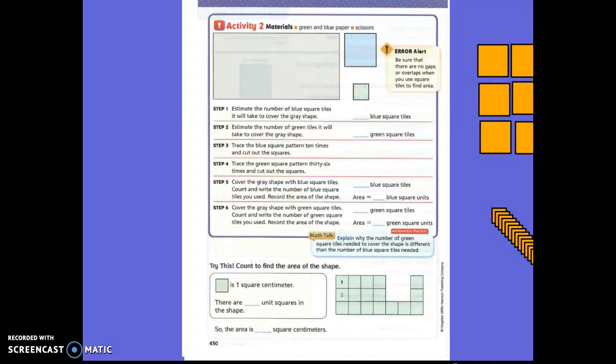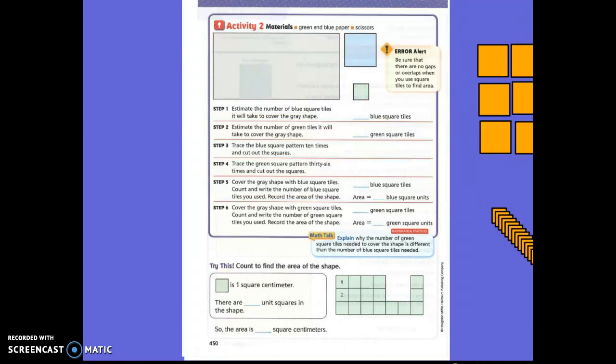Activity 2. Okay, the big squares are the blue, the little squares are the green, okay? They're the same color. Sorry. This happened that way. All right. Step 1. Estimate the number of blue tiles it will take to cover the gray shape. This is an estimate, do you have to be right?